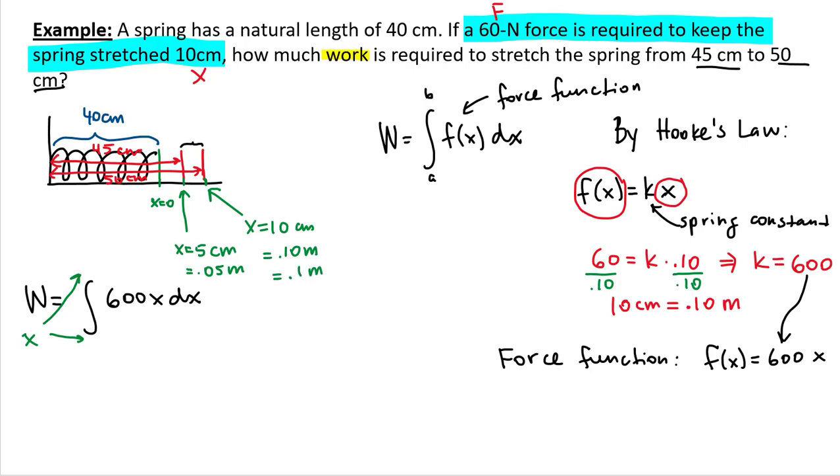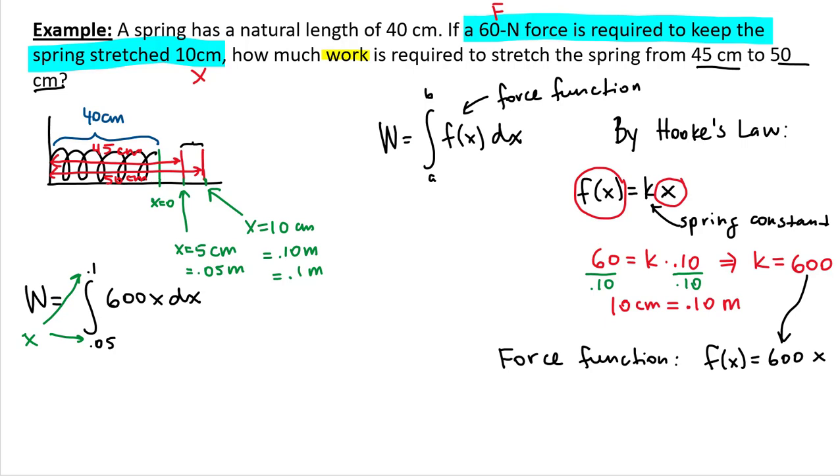Well, these are the limits of integration. The spring is stretched from x equals 0.05 meters to 0.1. So that's what I'll write here, 0.05 to 0.1. And once you set up this integral, the rest is pretty easy, right?